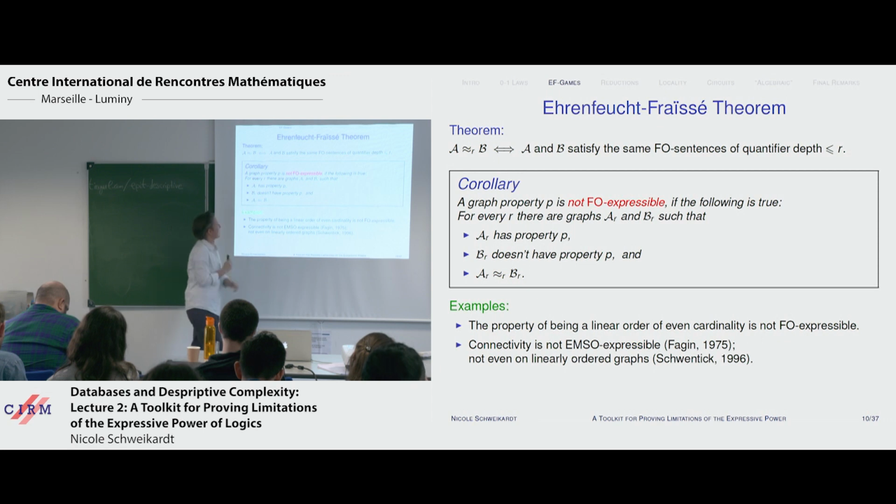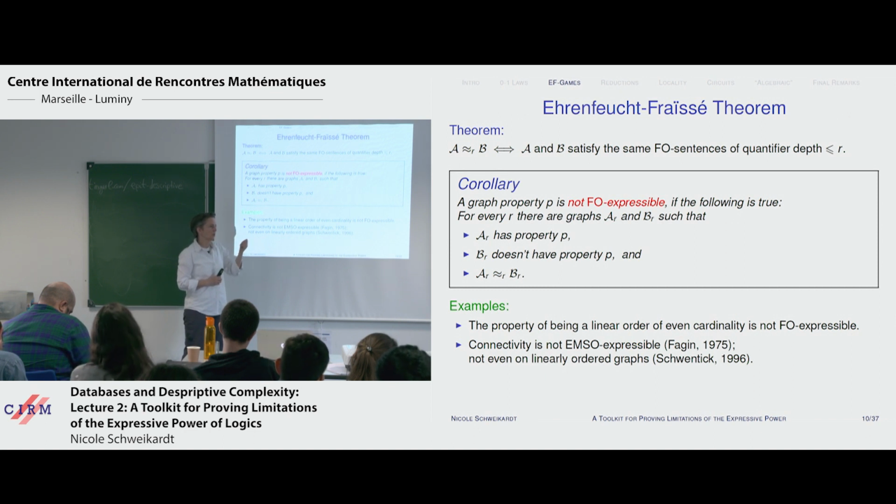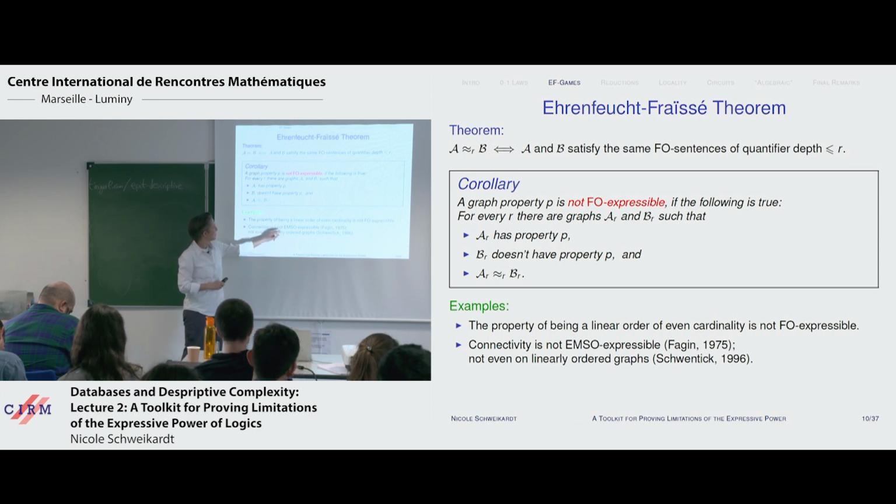Okay, and then if you look at graphs where you also have a linear order on the universe, but connectivity still doesn't refer to the linear order, but to the edge relation of the graph, so an ordered graph is connected if and only if its unordered version is connected. Showing that connectivity also on these linearly ordered graphs is not existential monadic second order expressible is really extremely difficult.